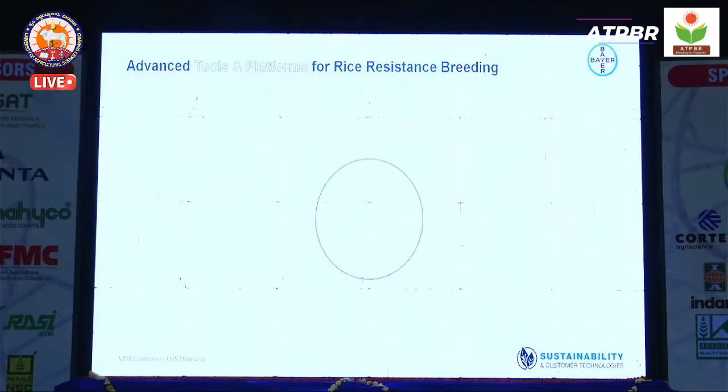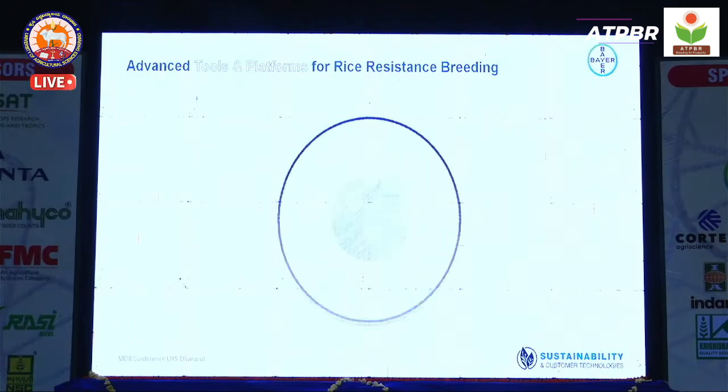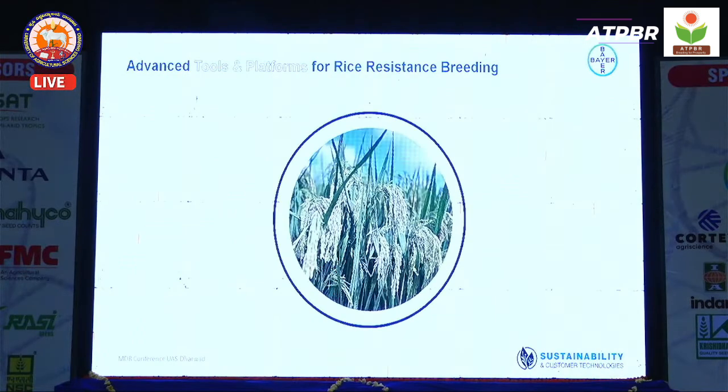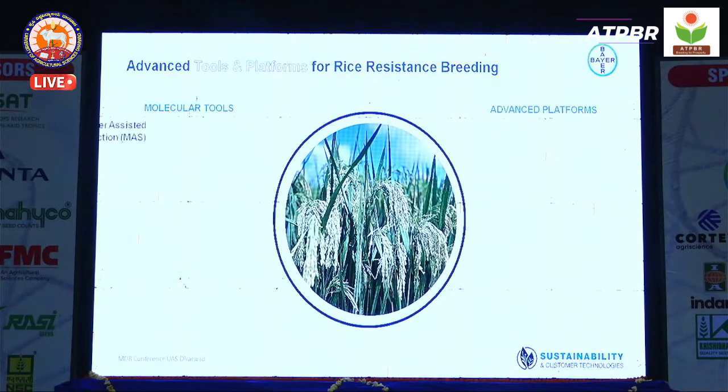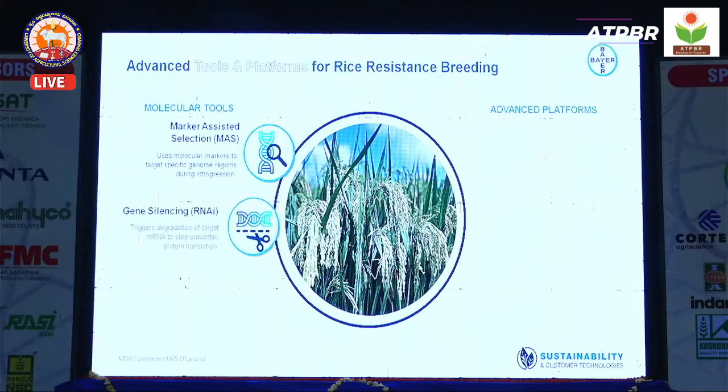What are our advanced tools and platforms for rice resistance breeding? We have molecular tools like marker-assisted selection, which all of you are very much aware of. Then we have gene silencing, the RNAi approach, and genome editing, CRISPR-Cas, which is a new upcoming technology.